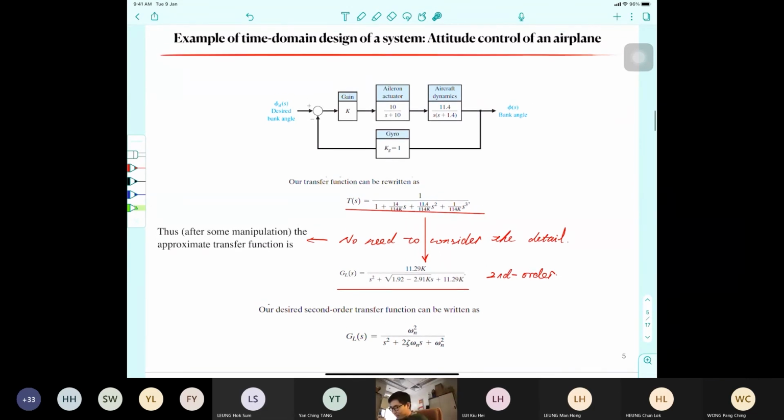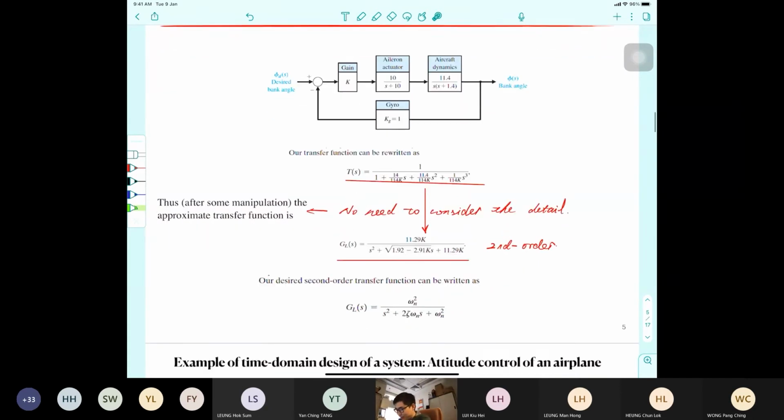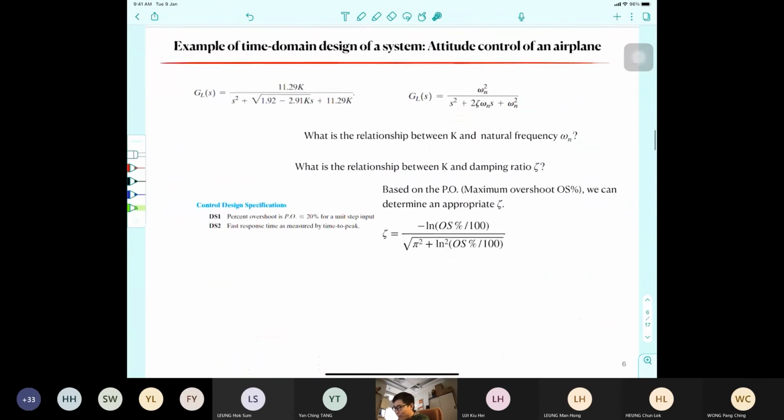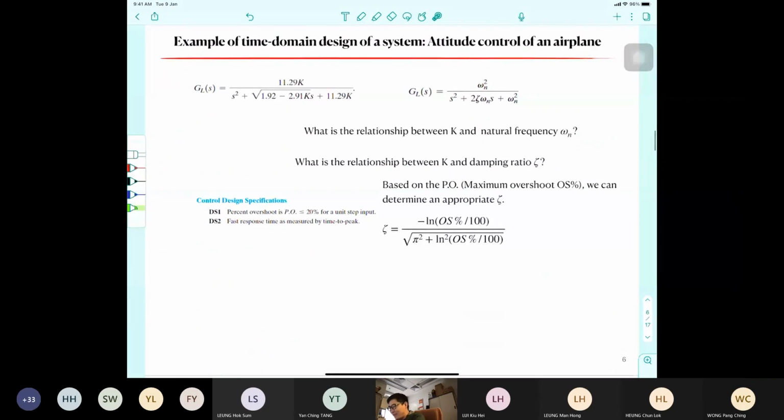So next step, what is the procedure? What will be the procedure? Next step. We know the transfer function, right? This is the second order system.